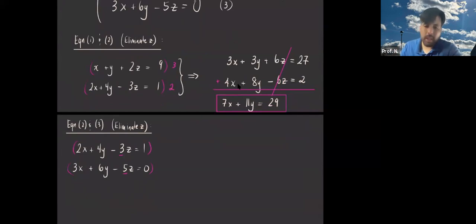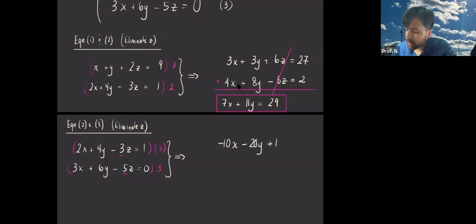So we multiply the first by -5, so we can have the opposite signs, and then we multiply the second by 3. When we do that, what do we get? We get -10x minus 20y plus 15z equals -5.